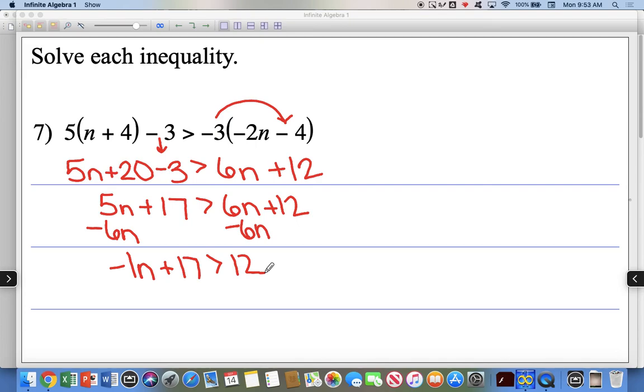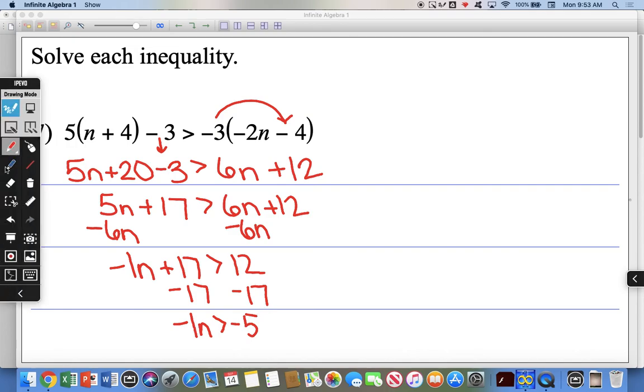And then where do we go from here? -1n is greater than -5. Now this time, what am I dividing by?